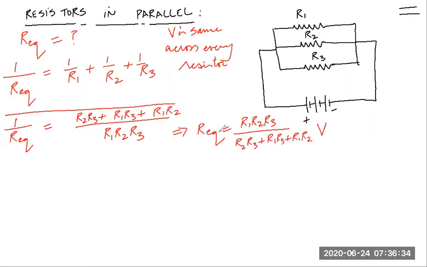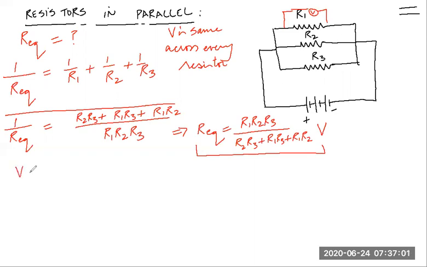A similar equation can be done for n number of resistances. Am I right? For example, the equivalent resistance for two resistors would be R1 R2 divided by R1 plus R2. All right guys, this is one thing. Now, the second thing, as we have seen, the voltage across every resistor is same, and that is V. If you put a voltmeter here and here.